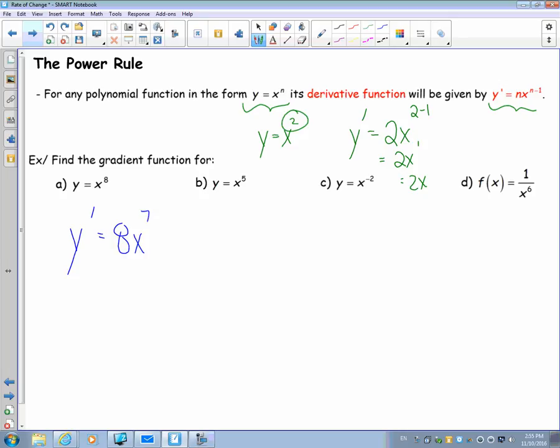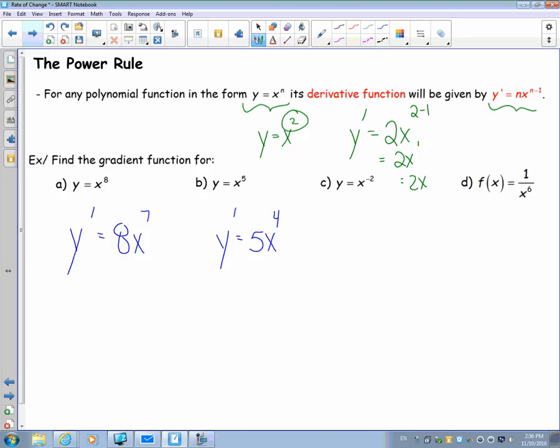There's a function that will define the slope at any point. If I'm given a point, where x is 2, I just plug it in and get my answer. Let's try the next one. y prime, 5 comes down in front, x to the 4 now. Subtract 1 from your exponent.